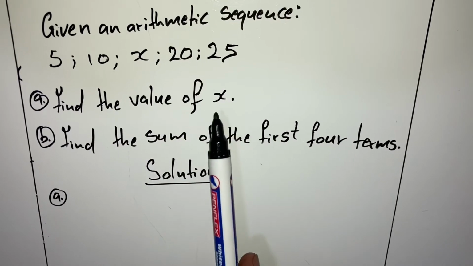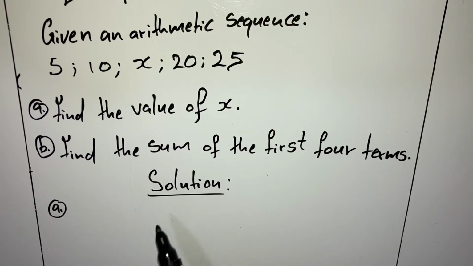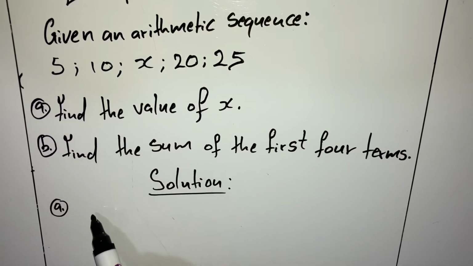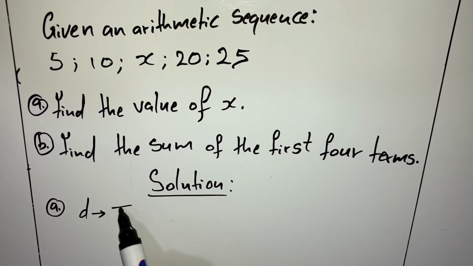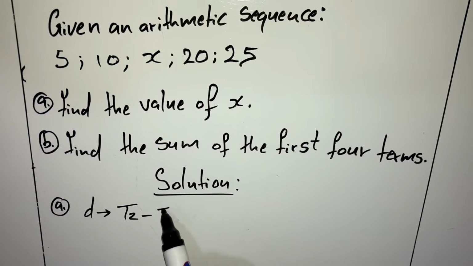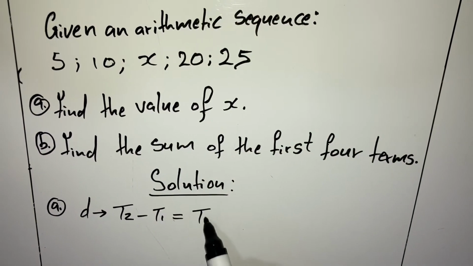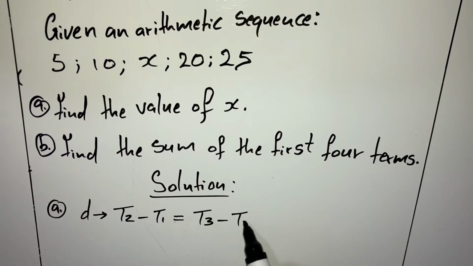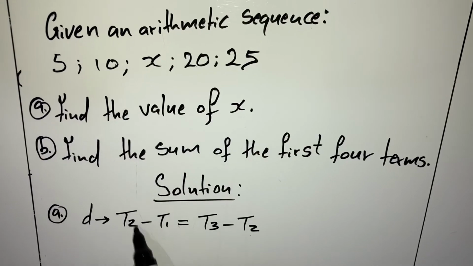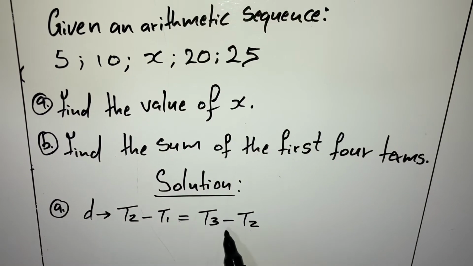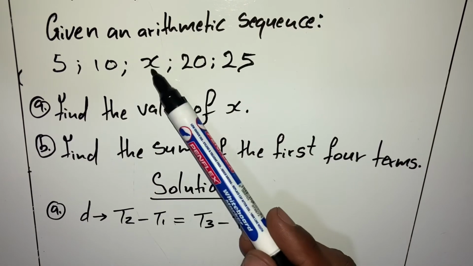For this one, we must remember that to find d, we always use this formula: T2 minus T1 equals T3 minus T2. This is the same formula we'll use to find the value of x.